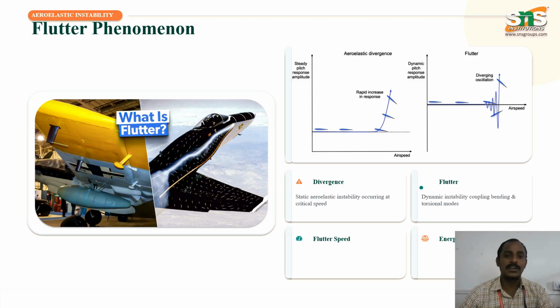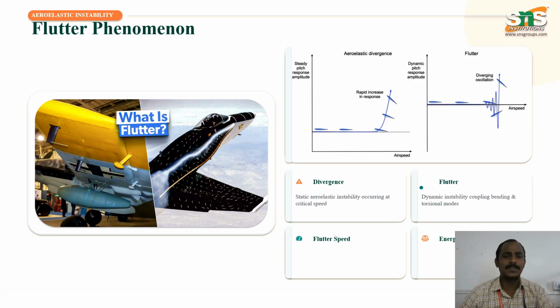One of the most critical challenges in aerospace engineering is flutter. Before flutter occurs, another phenomenon called divergence may appear. Divergence is a static instability in which aerodynamic forces overcome structural stiffness, causing uncontrollable deformation. Flutter, however, is a dynamic instability. It results from the coupling between bending and torsional vibration.